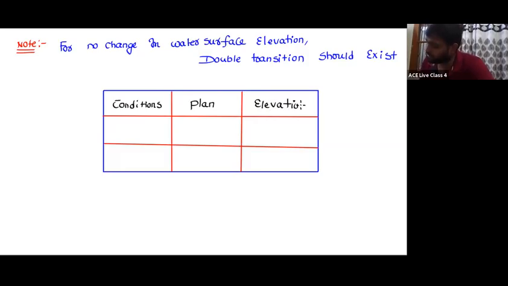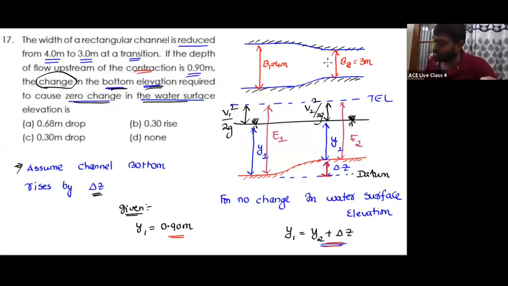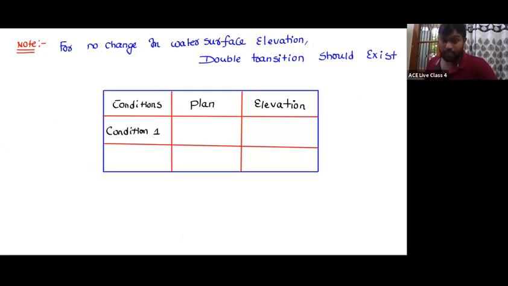So condition number one: if you want to make sure there is no change in the water surface elevation, a double transition should exist. From this example, I can say the channel width is going to be reduced and the channel bottom is going to drop. So from the given question, I can say the plan means width reduction, and the elevation is going to drop.